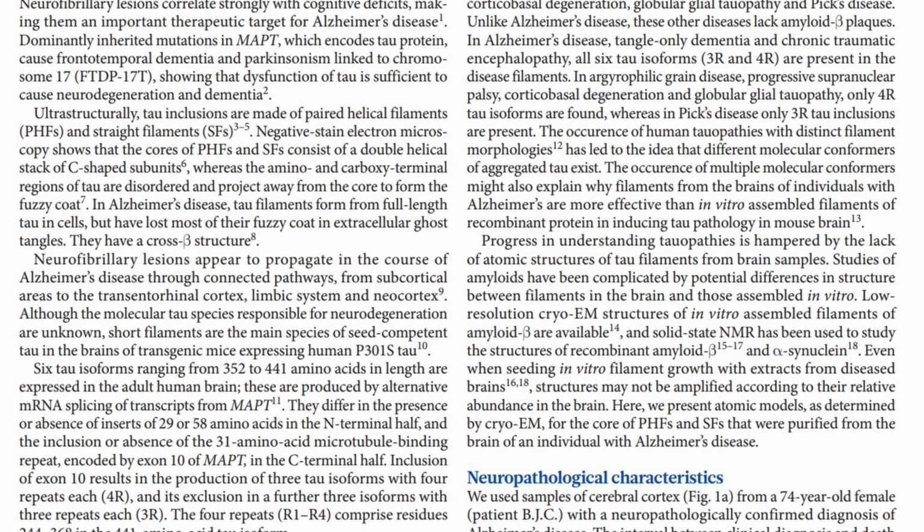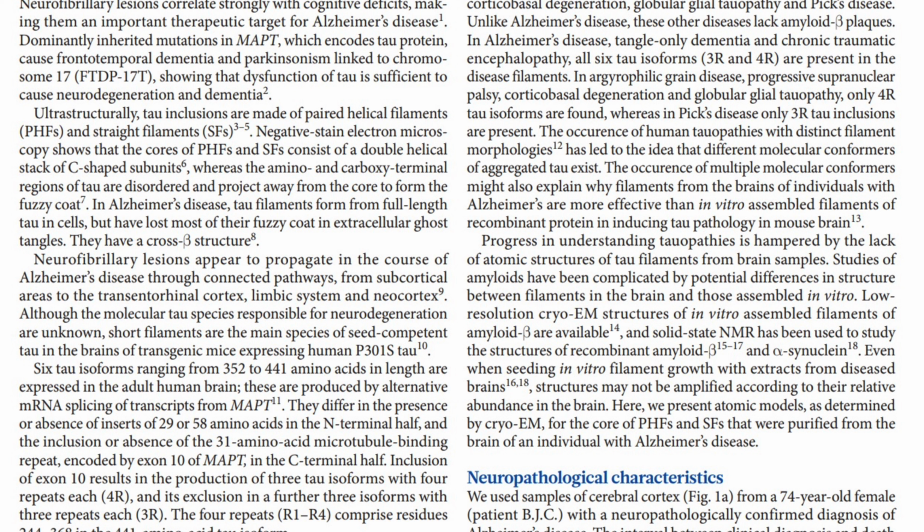Low-resolution cryo-EM structures are available of in vitro assembled filaments of beta-amyloid, and solid-state NMR has been used to study the structures of recombinant amyloid beta and alpha-synuclein. Even when seeding in vitro filament growth with extracts from diseased brain, structures may not be amplified according to their relative abundance in the brain.